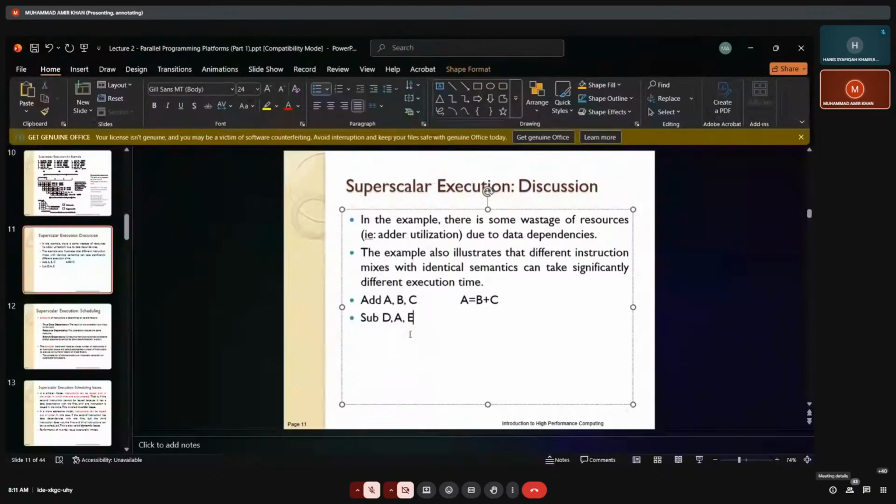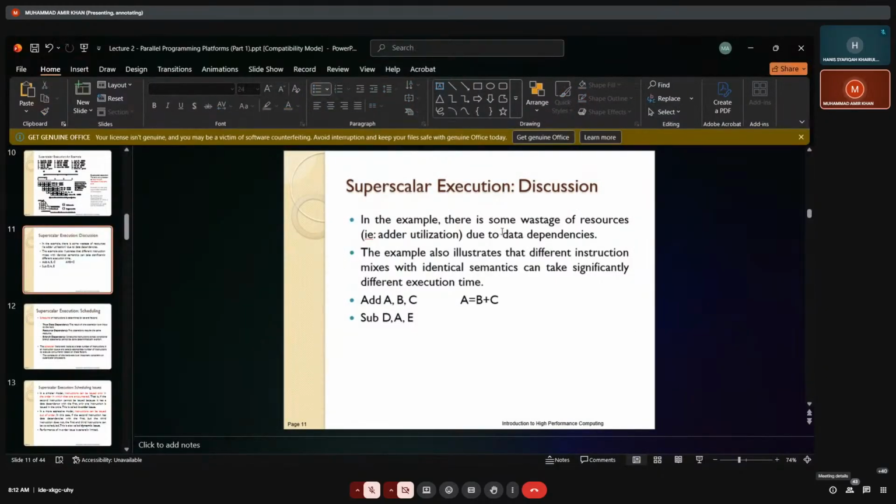So this instruction will be in decode, and definitely we have to wait for the result of A. Add A, B plus C, and subtract D, A minus E. For A minus E, first we have to wait for the result of A. Understand?